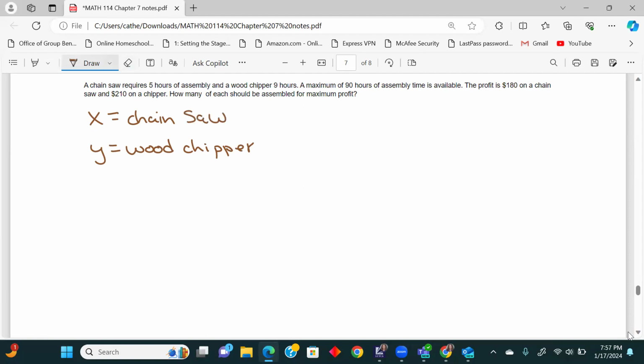All right. A chainsaw requires 5 hours, and the profit is $180. The wood chipper requires 9 hours of assembly, and I make a profit of $210. And they have a max of 90 hours that they can use.